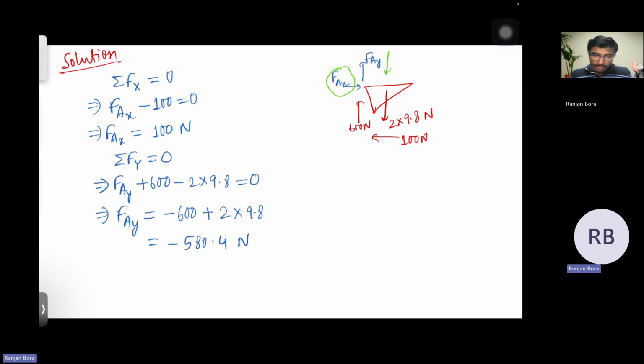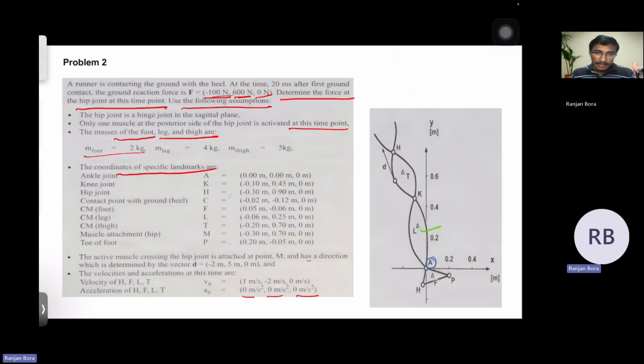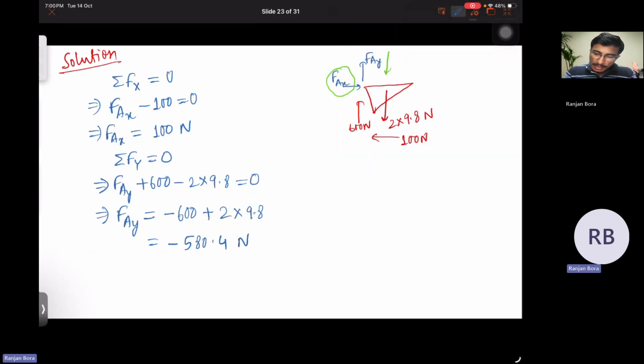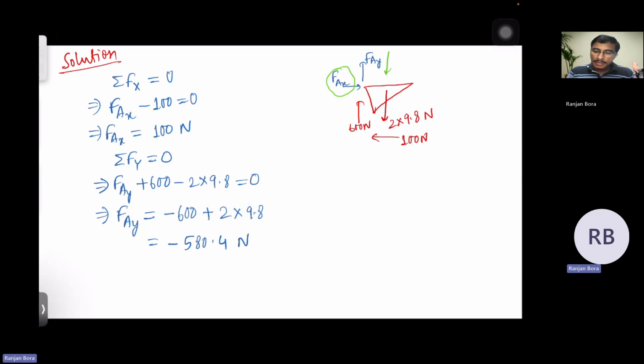So next we'll use this ankle joint reaction force, and we'll take this leg. We'll separate the leg from the knee joint, and we'll estimate the reaction forces at the knee joint. At the ankle, what are the forces? In the foot, this Fx is in the positive x direction.